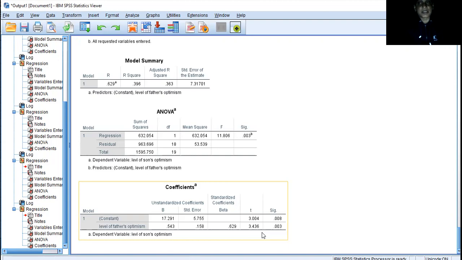So that is all about the answer on this exercise 1 question on simple linear regression.